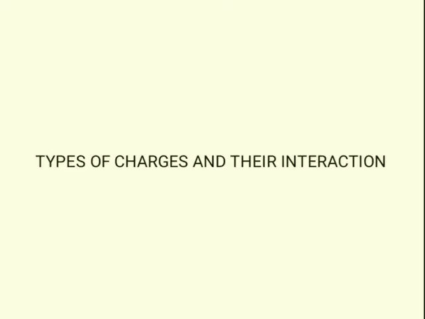Now let us see types of charges and their interaction. In the earlier experiment, do the two pieces of paper and a ball pen refill have the same charge? No. There are two types of charges, positive and negative charge. How to identify the type of charge present on an object? For that, let us perform an activity.